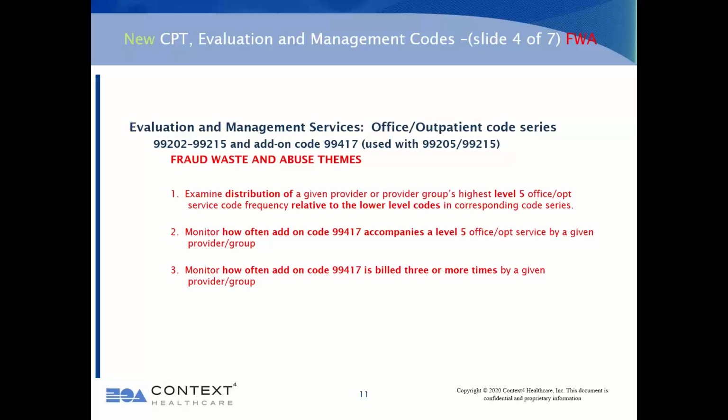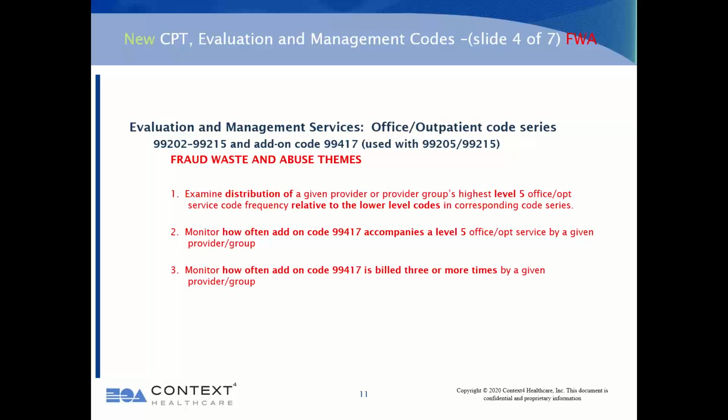Number 1, no 99201. This code has been deleted, which I will discuss a bit later. Number 2, history and physical exam are no longer key components in determining code level. Number 3, either MDM or documented total time can support whichever is optimal for the encounter. And number 4, the definition of medical decision-making has changed for 2021.